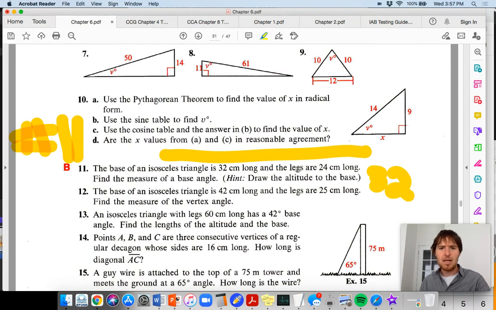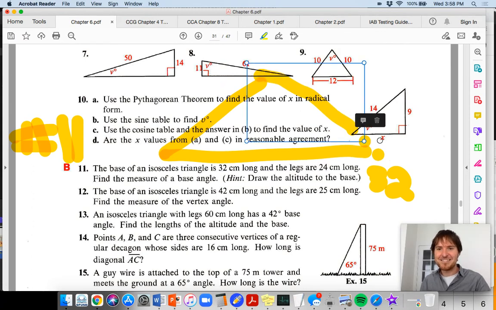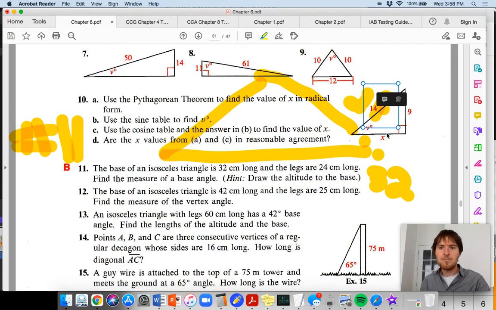Legs are 24. Something like this. Can't really write on this. I'm trying to draw where it's going to let me draw, but it's not letting me. There we go.